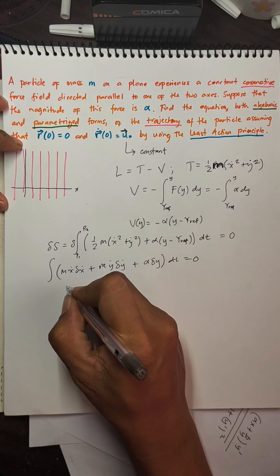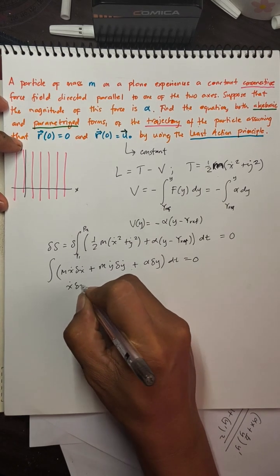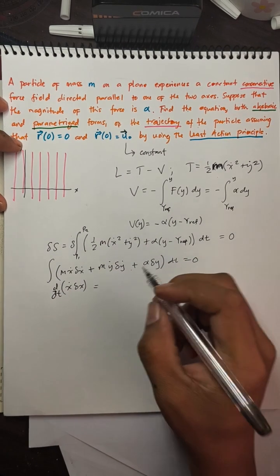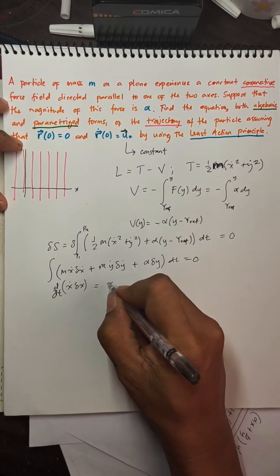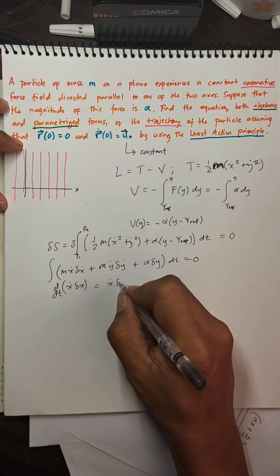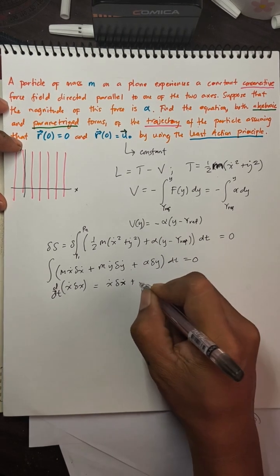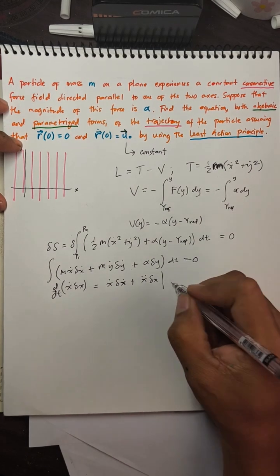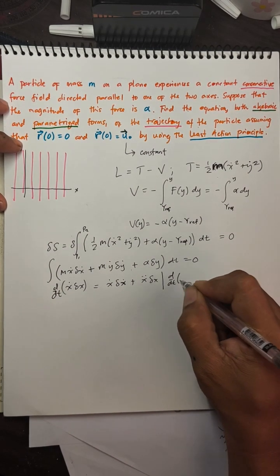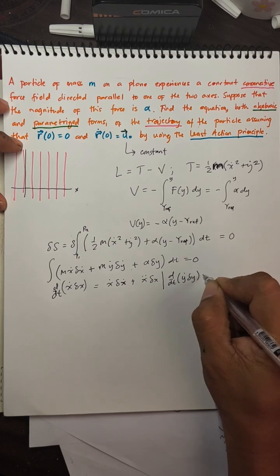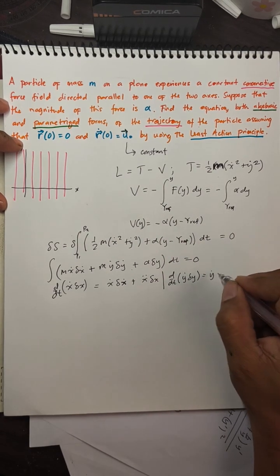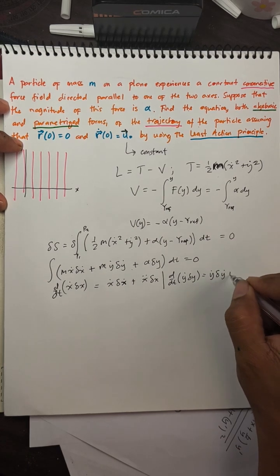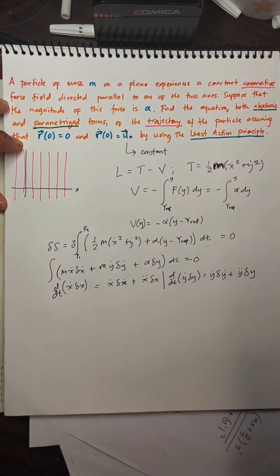Let's find this one. What is d over dt of x dot delta x? This is just equal to x dot delta x dot plus x double dot delta x, and similarly we have d over dt of y dot delta y, that would be y dot delta y dot plus y double dot delta y.